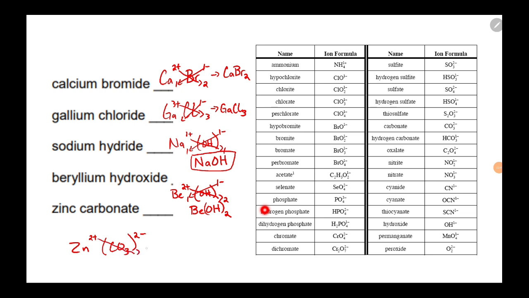If we put the 2 here and the 2 here, dropping the signs, the formula we would get would be Zn2(CO3)2. But we would notice that these 2s share a common divisor of 2, and so we would reduce them, and the formula for zinc carbonate would be ZnCO3.